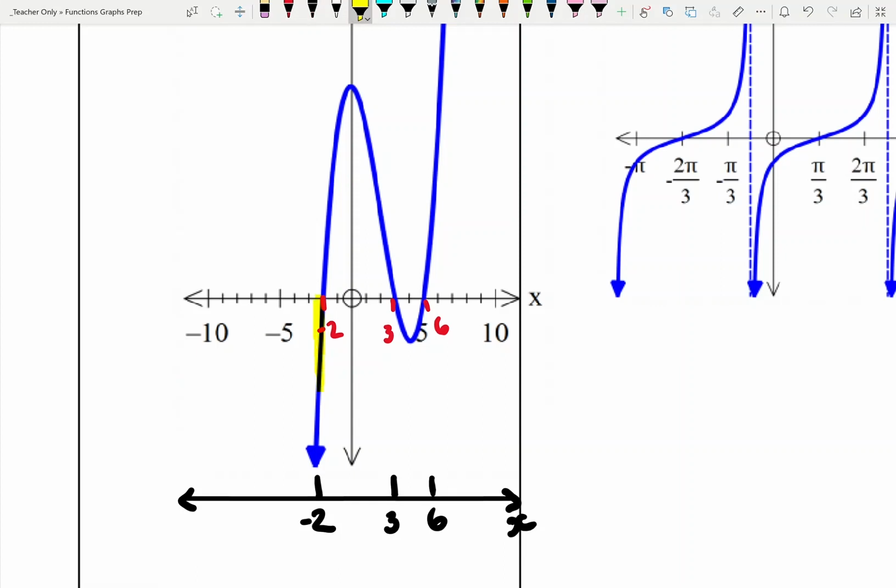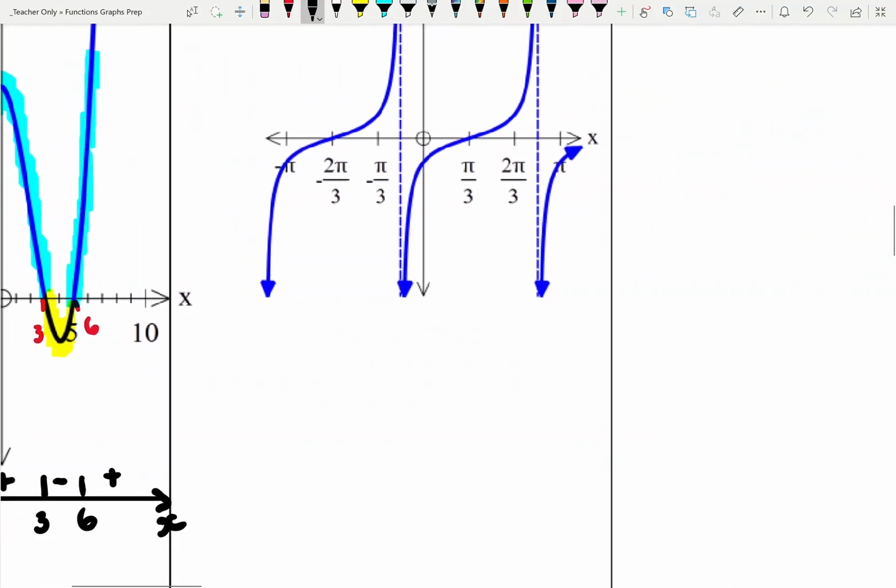When x is less than -2, the graph is below the x-axis, so it gets a negative. Between -2 and 3, it's above the x-axis, so it gets a positive. Between 3 and 6, we're back below the x-axis, so it's a negative. And when x is greater than 6, it's above the x-axis, so it gets a positive. And that's it.